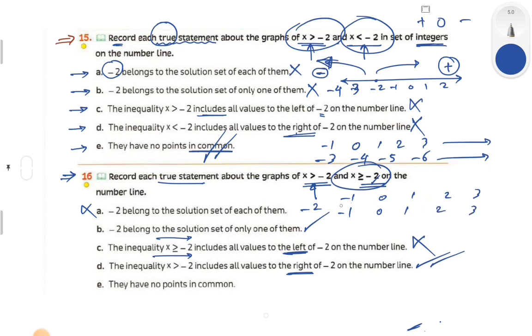Not a repeated solution. They have all points in common, just one solution is not common between us.